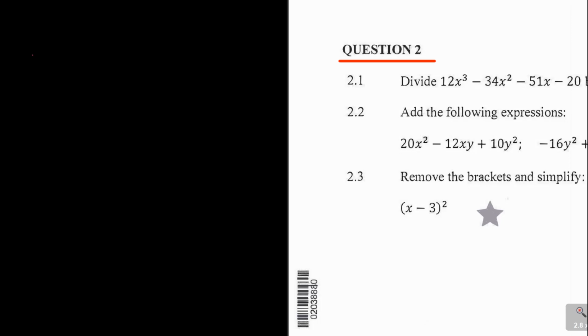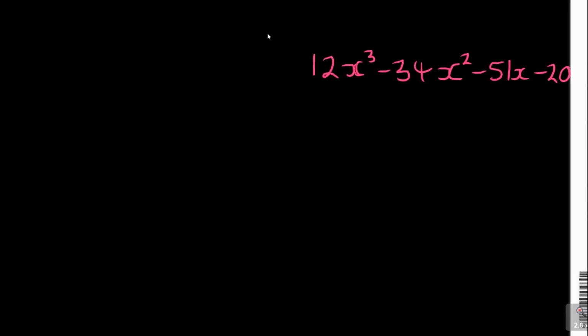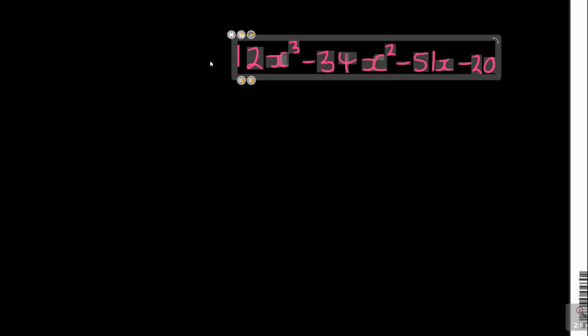They are saying we are given 12x cubed minus 34x squared minus 51x minus 20. So if I take that, and they are saying, what are you doing?